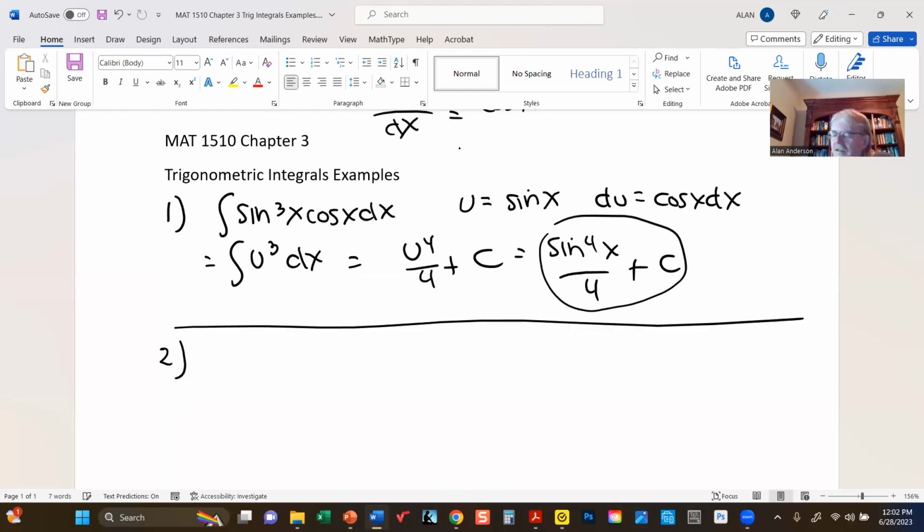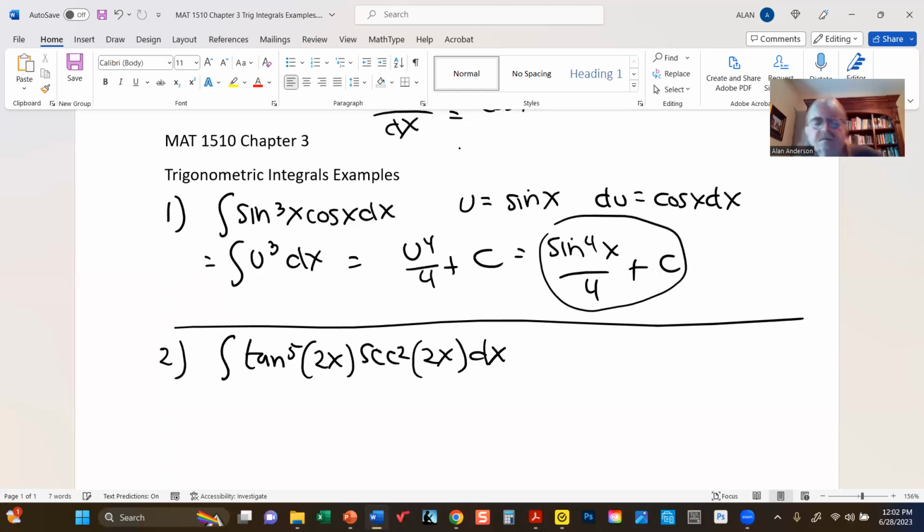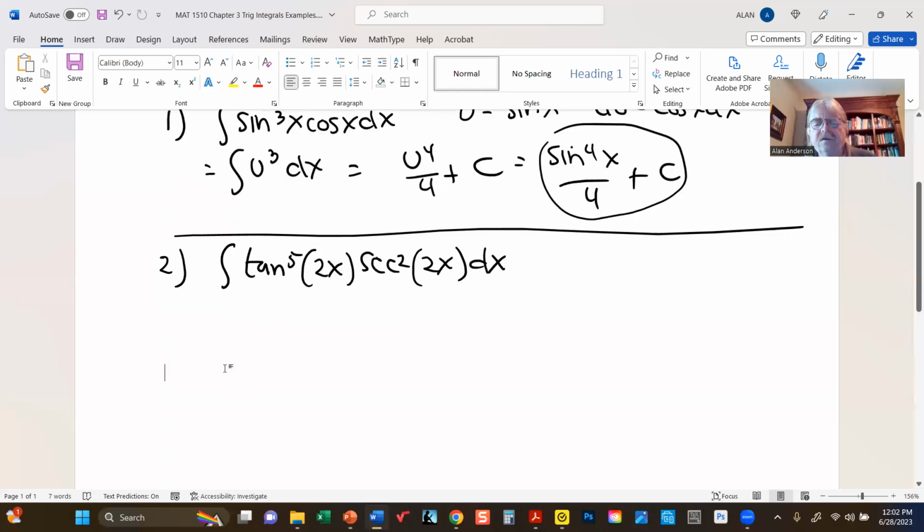Now, this one has an extra wrinkle to it that we'll discover as we go along. And that wrinkle is that these are not tangents and secants of x, but 2x. So here's what we have to watch out for.